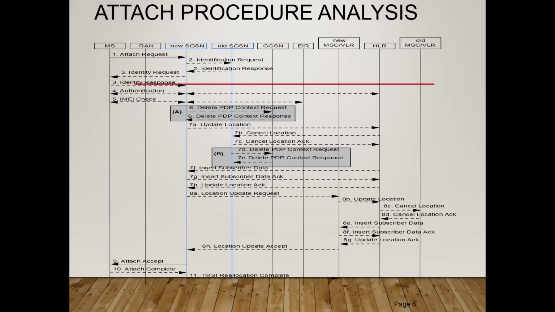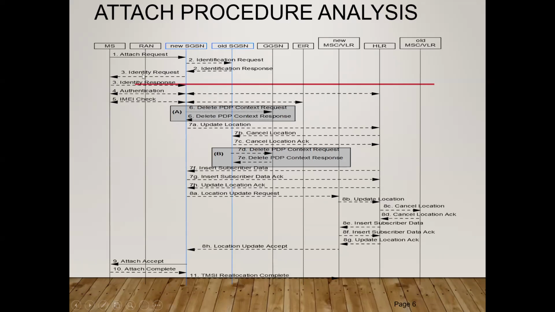A and B is basically for when your session was already there on an old SGSN. For example, you were connected to an old SGSN, then you turned off your data and moved to a new location, and that new location was being served by a new SGSN. So your PDP already existed between the old SGSN and the GGSN.